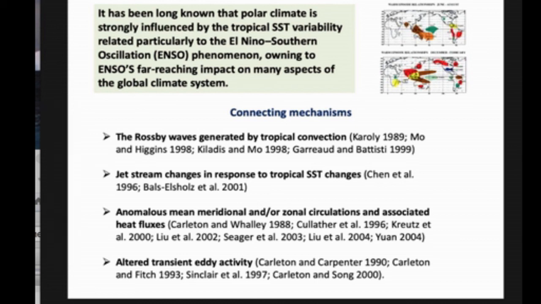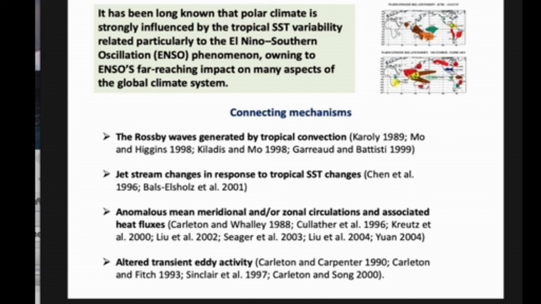And that zonal mean circulation is not necessarily always symmetrical around the globe. Some zonal mean circulations, even the meridional circulation, have basin scale characteristics and are not necessarily symmetric.